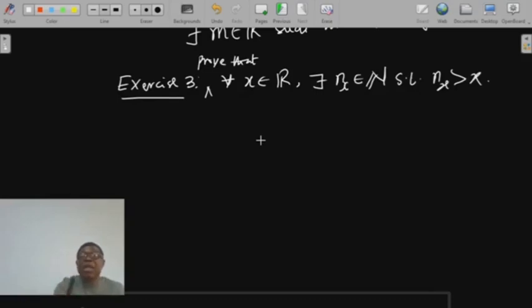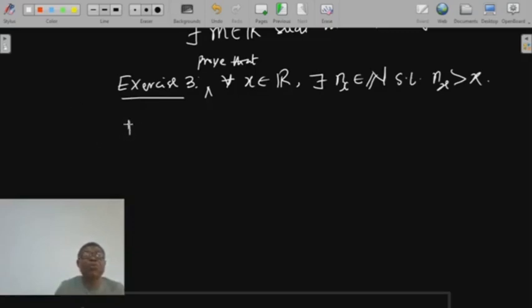And therefore, to get that this is not true, we must negate it. And when you negate it, we now use the negation to see where it will lead us. And if the negation of this statement leads us to something that is contradictory, it means that that negation is not true, and that what should be true is this statement. And that is the procedure which I take in trying to justify the Archimedean property.